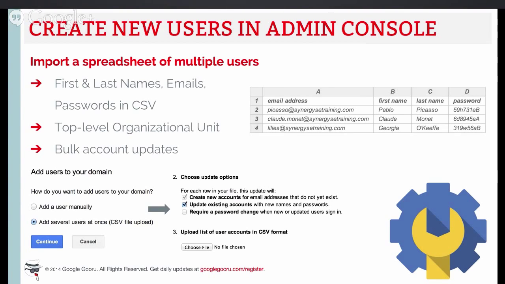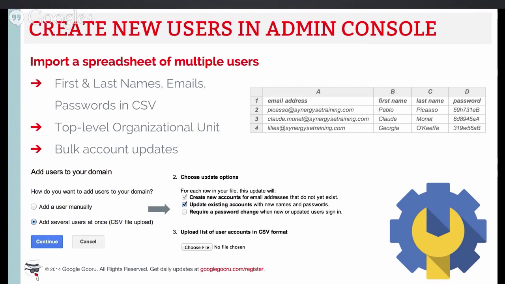You can create the CSV file in Google Spreadsheets and export it. The advantage here is that you can create multiple users at once. If you look at the example, you'll see the columns you'll need: email address, first name, last name, and password, and this will create them automatically.